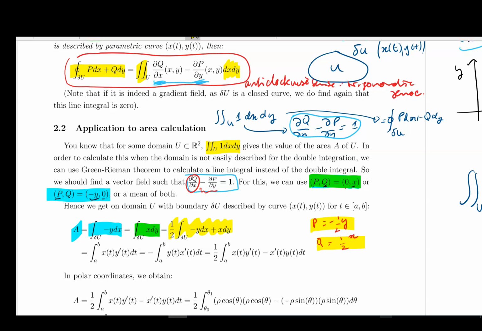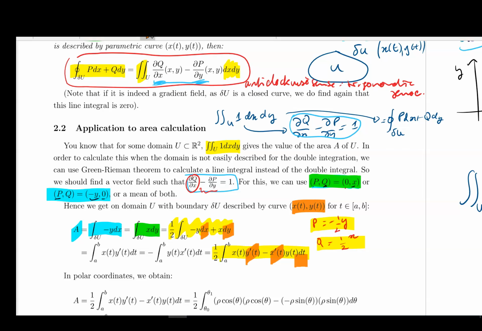And then it's just a matter of expanding that line integral if you have a parametric description of your curve. In the last choice, for instance, if your curve is described by x of t, y of t, then the dx becomes x prime dt, and the dy becomes y prime dt.